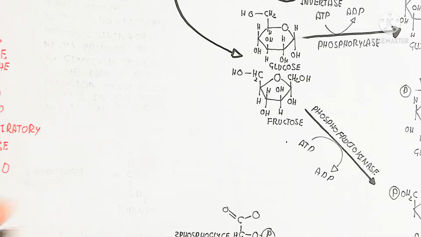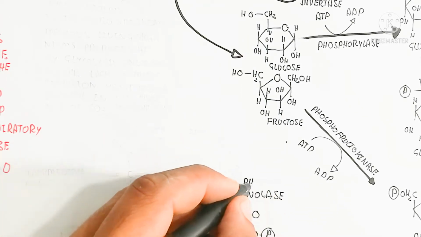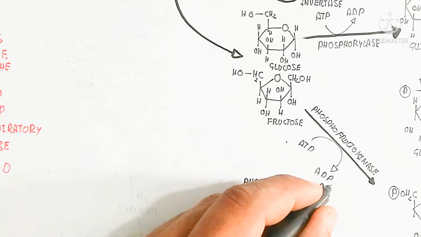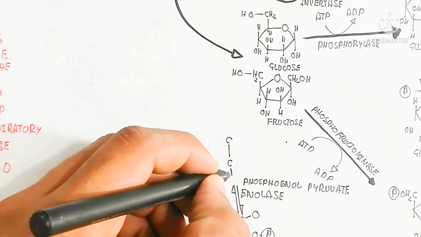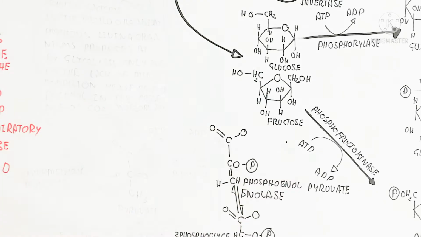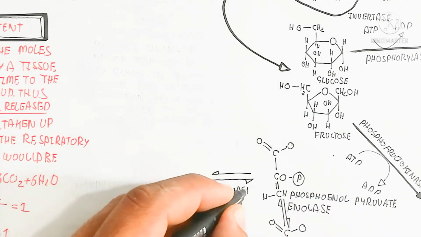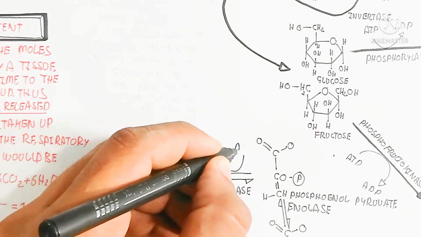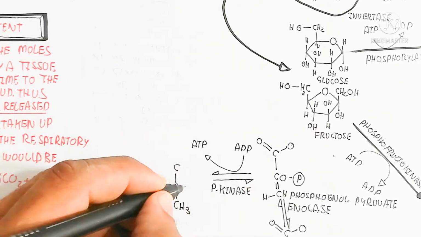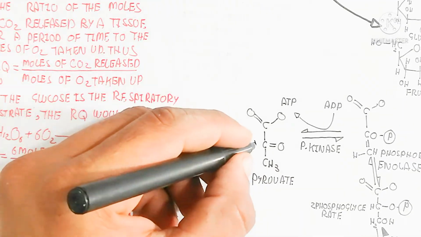This 2-phosphoglycerate ultimately converts into phosphoenol pyruvate in the presence of the enolase enzyme, and this phosphoenol pyruvate ultimately converts in the presence of the pyruvate kinase enzyme to produce the ATP also. So in this way you can see, and to produce pyruvate.